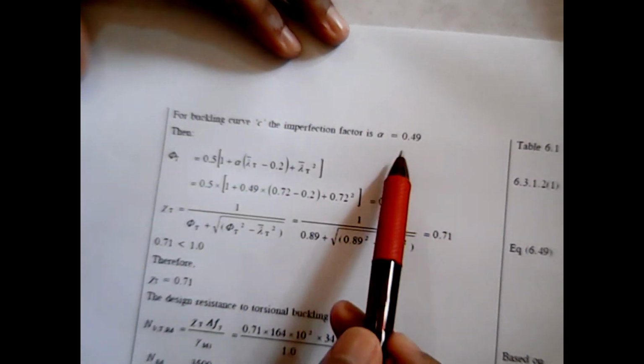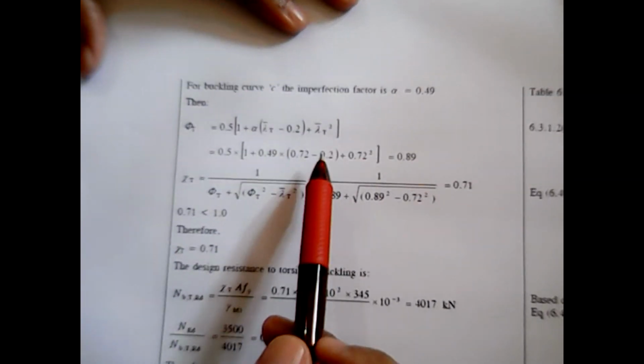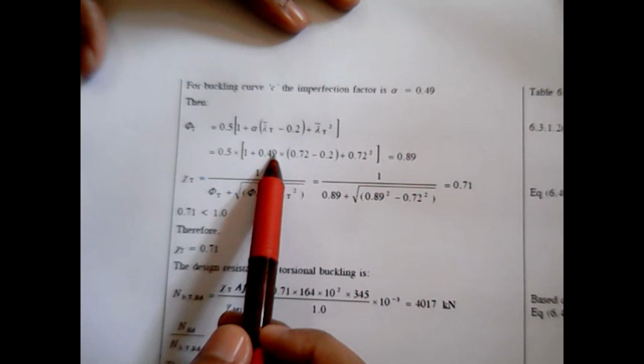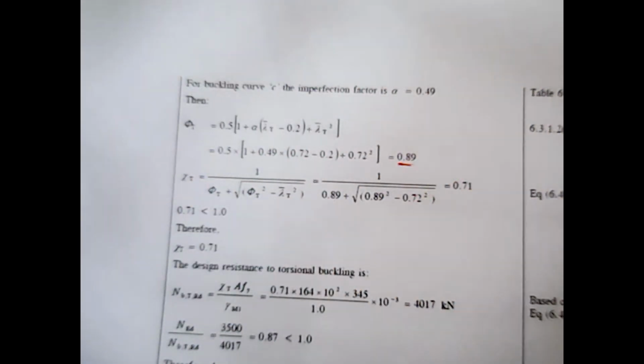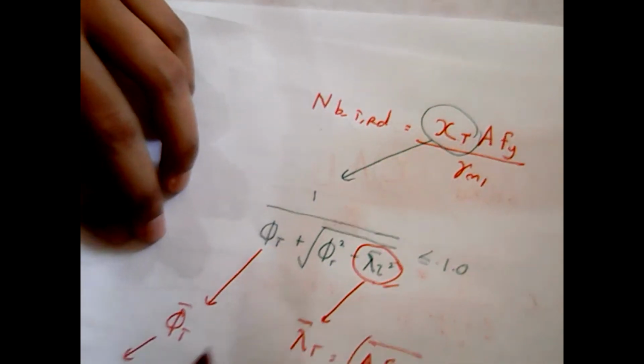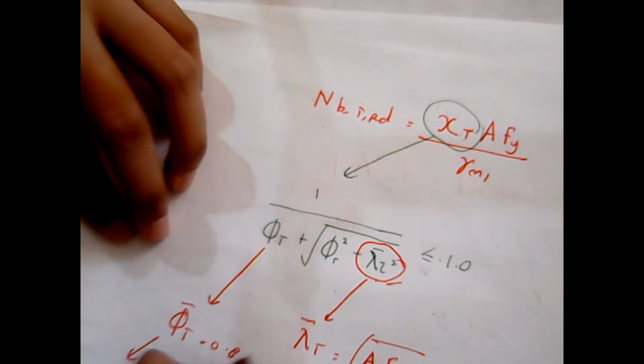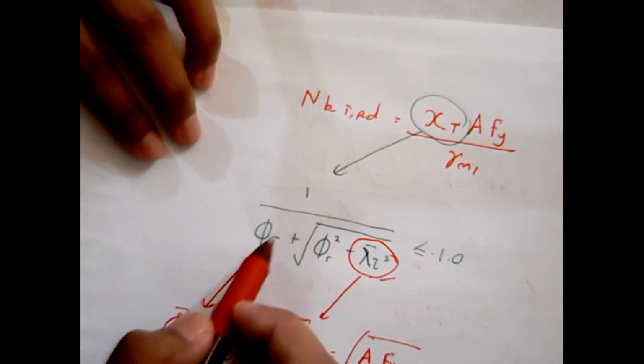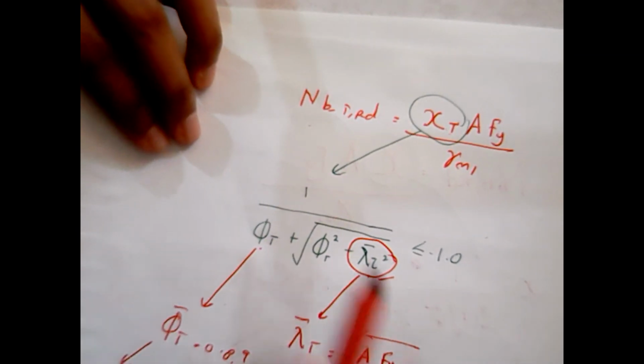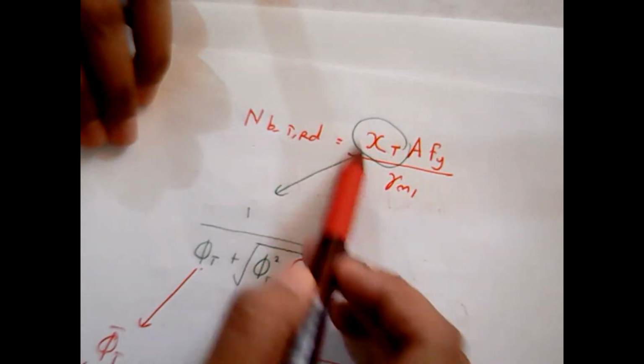So once you get 0.49, again substitute all the required values into the equations. Finally you get 0.89. So 0.89 can be inserted into these equations. Finally you get your reduction factor.